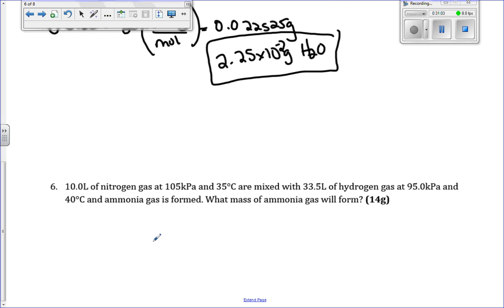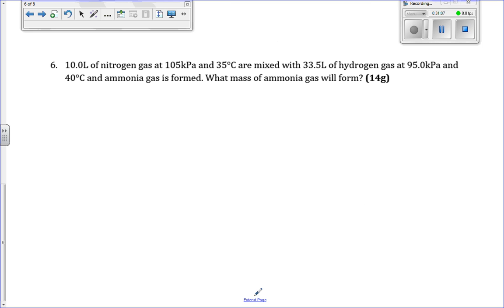Number 6. This looks good and complicated, but it's not. 10 liters of nitrogen gas at 105 kPa and 35 degrees Celsius are mixed with 33.5 liters of hydrogen gas at 95 kPa and 40 degrees Celsius, and ammonia gas is formed. What mass of ammonia gas will form?